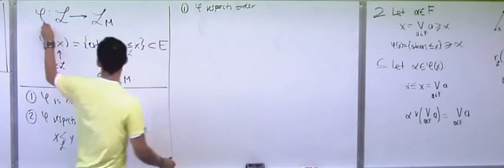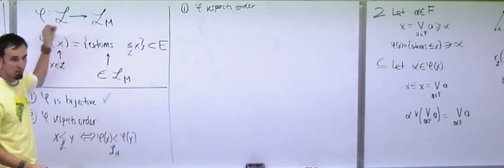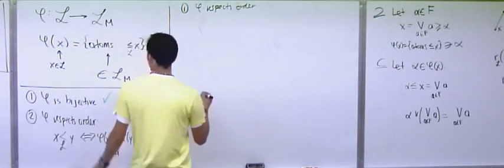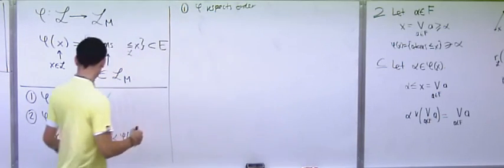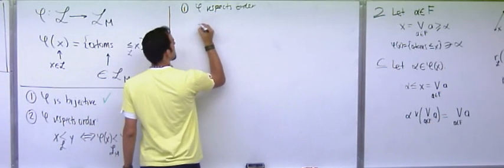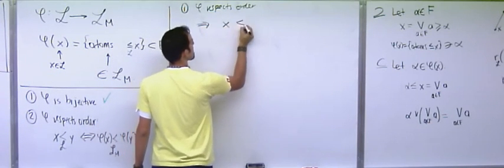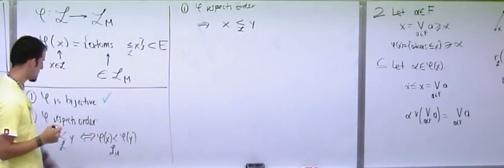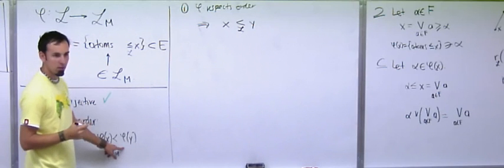I already showed that phi is actually a bijection from a set to a set, and now I'm going to show that it respects the order. So I need to show the two directions. I start with x less than y. So first direction, suppose that x is less than y in the lattice. I need to show that phi of x is less than phi of y in the lattice of flats.